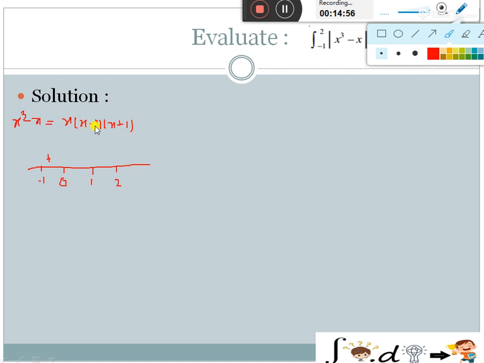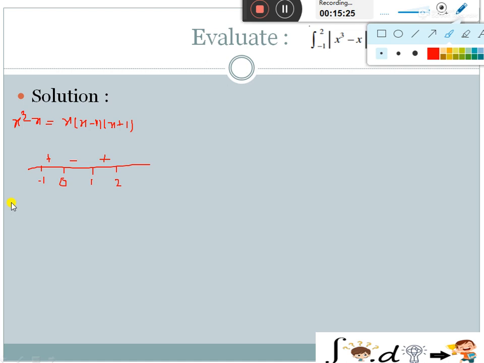You will get here minus 0.5, here 1.5. That means we get a negative sign. And in between 1 and 2, if you choose 1.5, you will get a positive sign. That means in the intervals, minus 1 to 0 we have a positive sign, 0 to 1 we have a negative sign, and 1 to 2 we have again a positive sign.